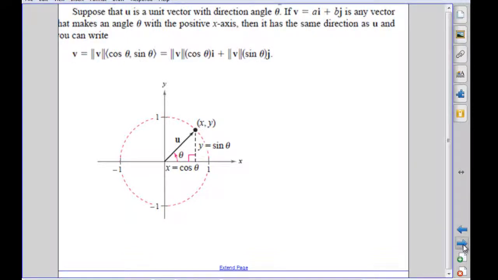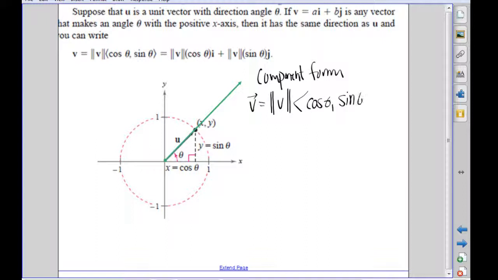Now suppose we don't have a unit vector. Suppose instead we've got some other vector called v that's in the same direction as u, but it's either shorter or longer. And just for ease of demonstration here, let's assume that it's longer. So we can rewrite vector v in component form as the magnitude of vector v times cosine of theta, sine of theta. And then we would multiply the magnitude in.